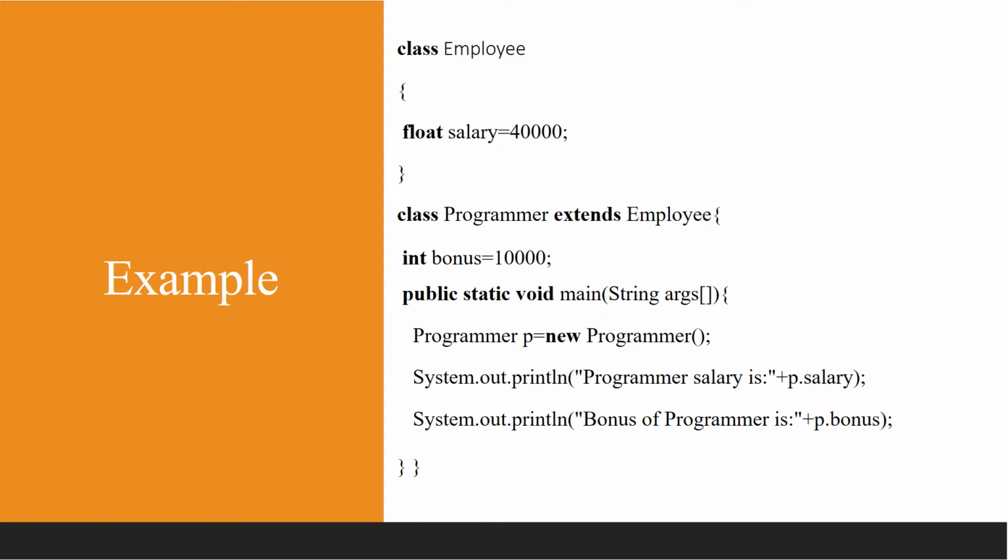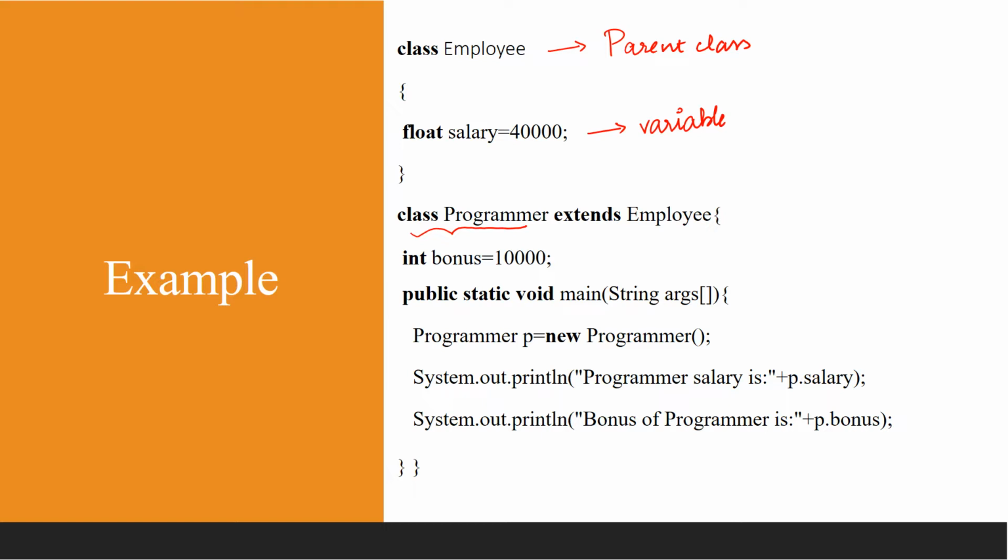See, here you have class Employee, which is a parent class. Inside this parent class, you're declaring some variable. And again, you're declaring another class called Programmer, which extends the parent class Employee.